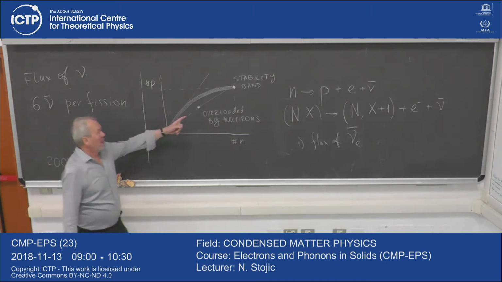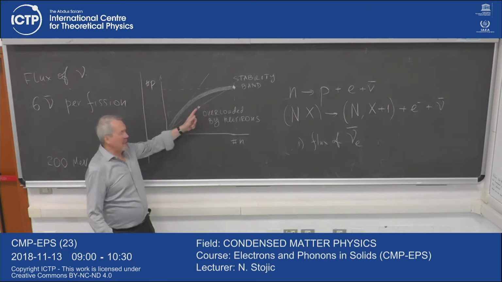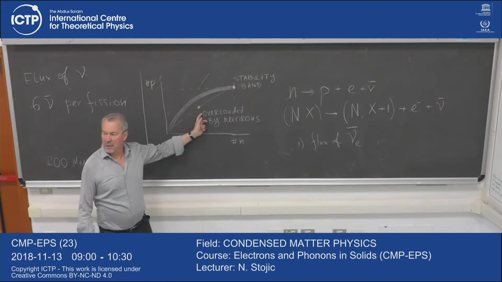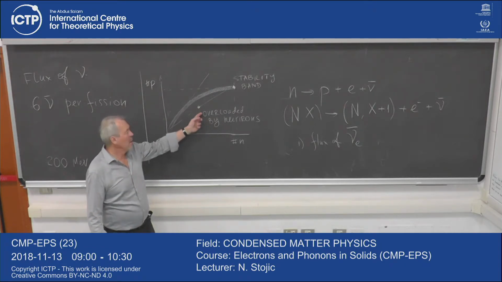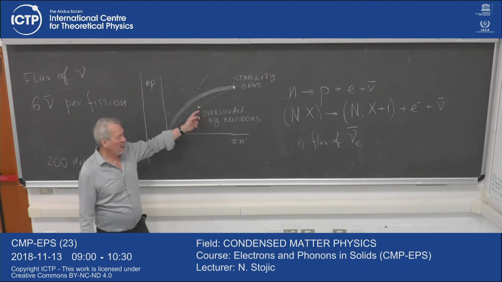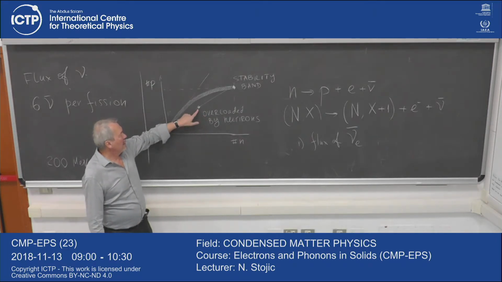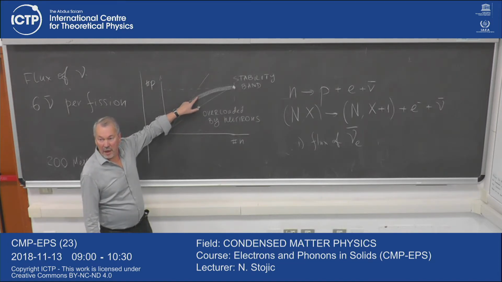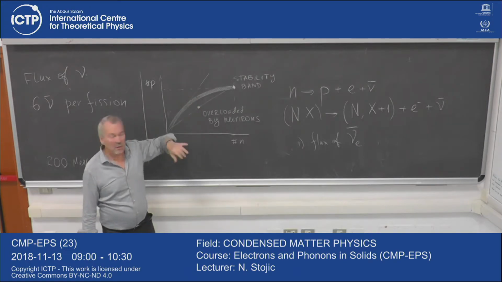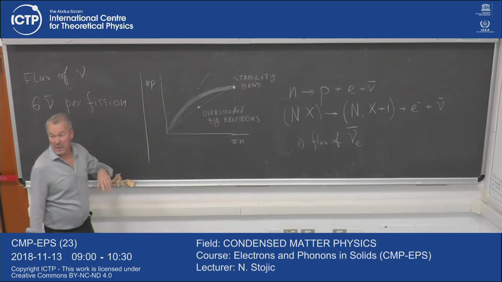For instance, take the simple example where you have a split into nuclei with equal or approximately equal numbers of nucleons, and then you can see how many beta decays should occur to reach this stability island or band, and this is approximately 6. You need 6 beta decays on average to reach this island.